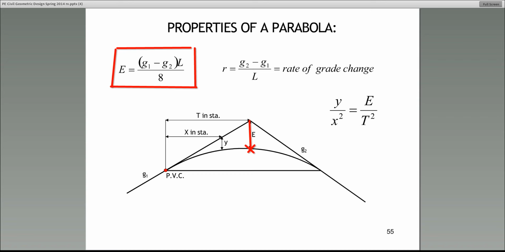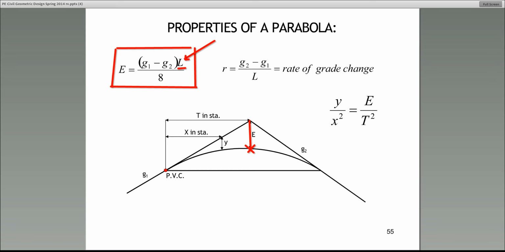Then I need for you to take a look at what we call L. L, guys, is the length of the curve. And the length of the curve is different from the horizontal curve. Pay attention to what I'm about to say next, because a lot of people get confused about this.